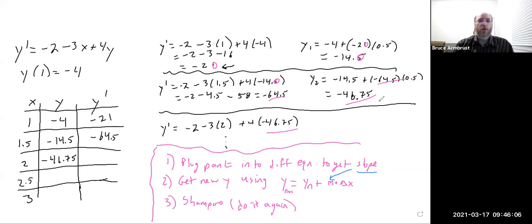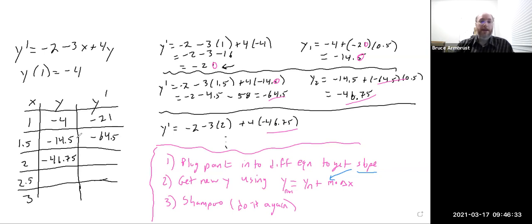Are the actual y values going to be these if we were to actually find the solution? No. No. The solution to the differential equation, and this one, you can solve it. It is possible to solve it. The solution to this one will not give you these y values for x equals 1.5 and 2. But it's an approximation, and at least we have an idea of what's going on with this function.